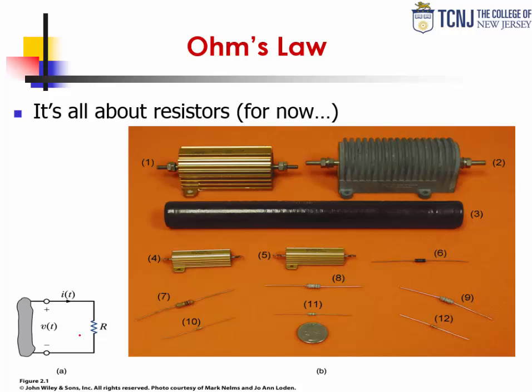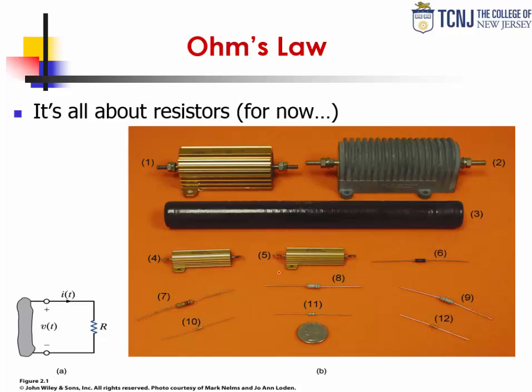So there is a need for a resistor to have enough of a physical size, enough of a surface area to be able to dissipate that energy, to dissipate that heat. Otherwise, it's going to self-destruct. It's going to melt. So when you see different sizes of resistors, that size is directly related to how much power they can dissipate.